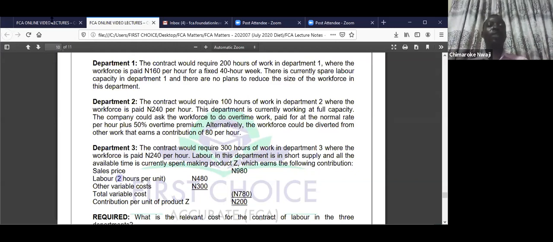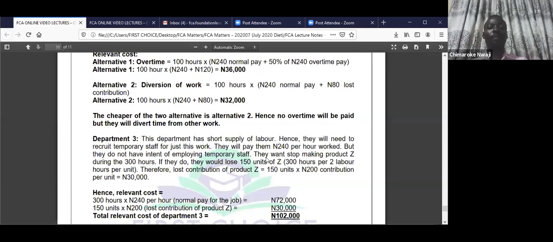So let's see how it's been done here. We say the department has a short supply of labor, hence they will need to recruit temporary staff for just this work. They will pay them 240 per hour, but they do not have the intent of employing temporary staff.